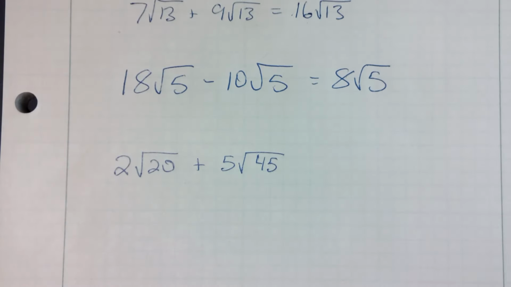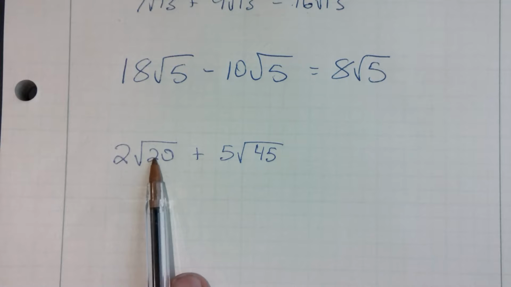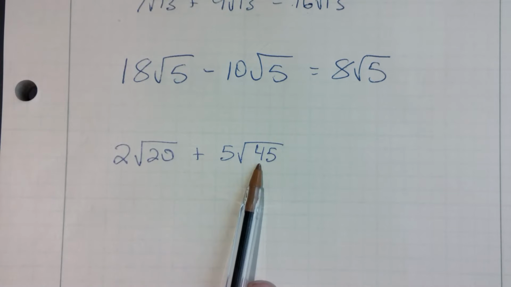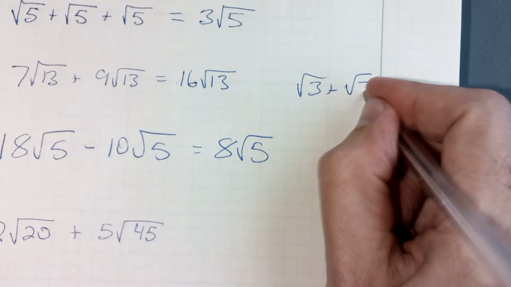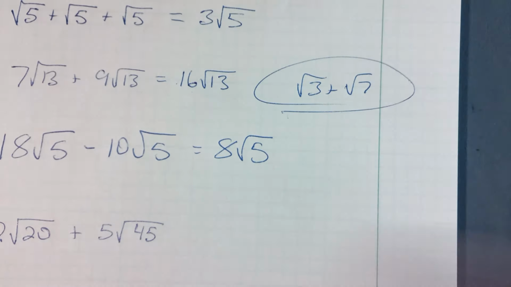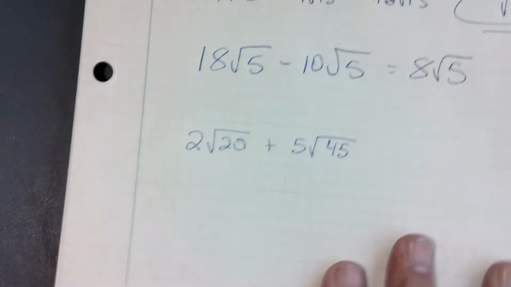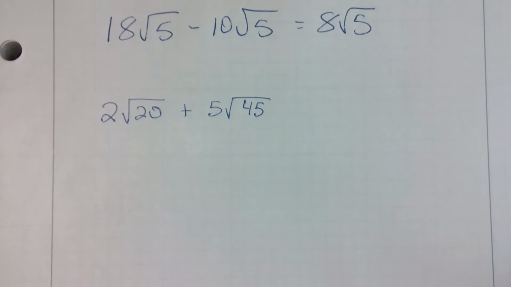Okay, now initially those don't look like they can combine. These are not the same square roots. And by the way, you cannot do that. You can't combine non-like square roots. The square root of 3 plus the square root of 7, you can't combine those. You actually leave them like that. So if you don't see the exact same square root, you initially should say, well, those don't combine. I'm just going to leave it like it is.